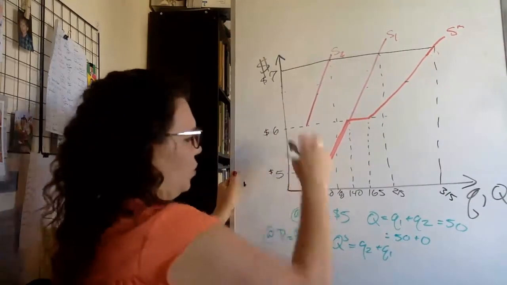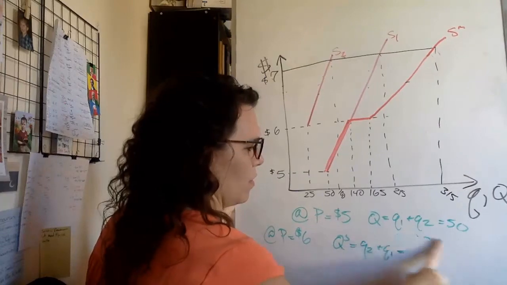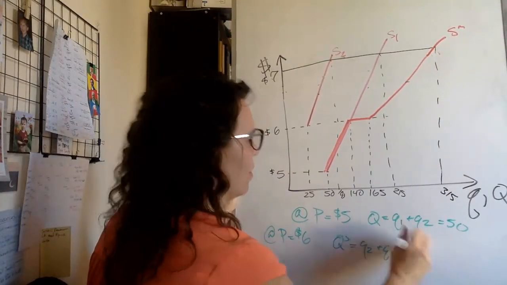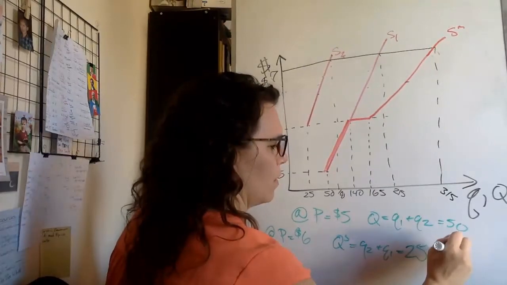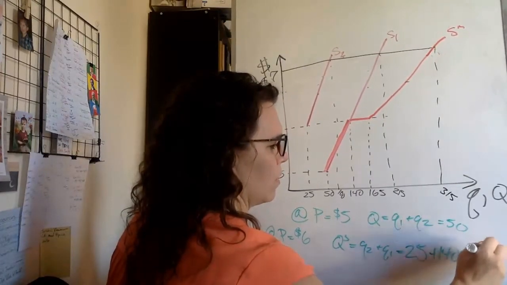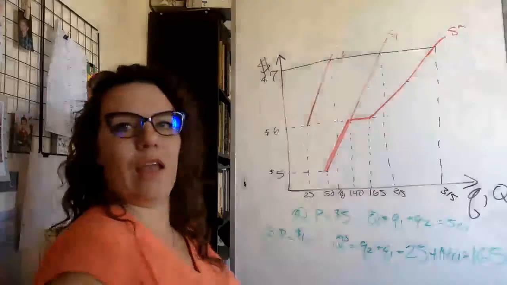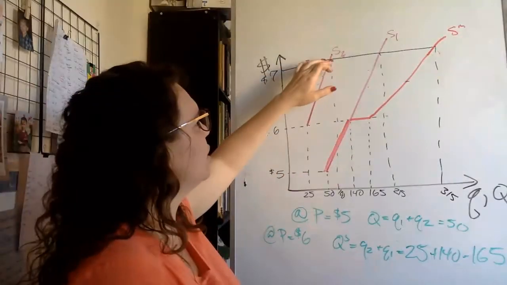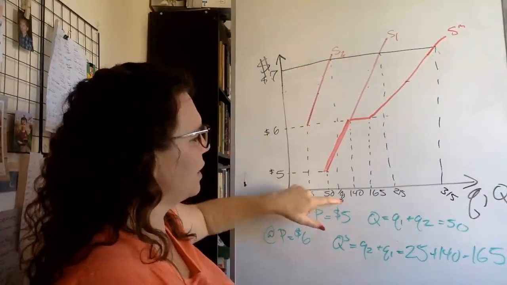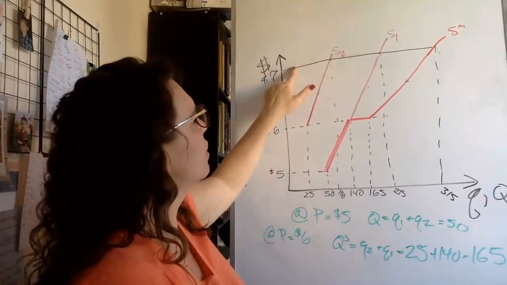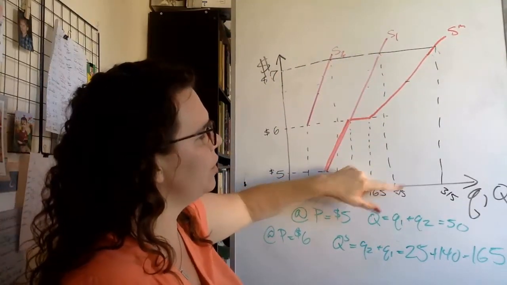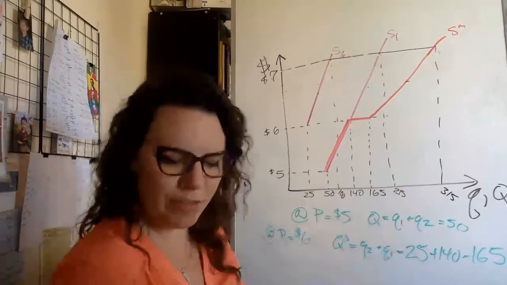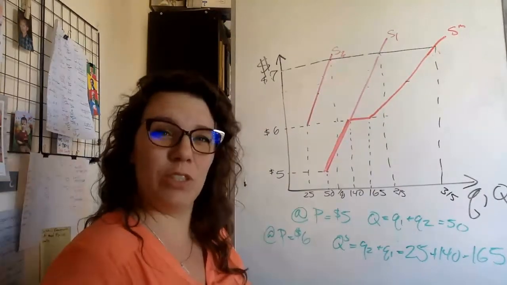It's going to be that 25 plus that 140. At a price of $7, firm 2 supplies 100 units. Firm 1 supplies 250 units, so the market supply is 315 units. Does that make a little more sense, hopefully?